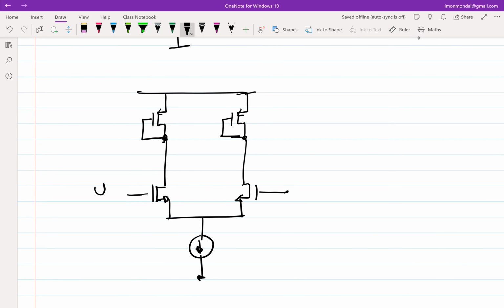Let's assume this is Vi, this is minus Vi, or rather Vi by 2 and minus Vi by 2 if you want. So if I neglect GDS of M1, M2, M3, M4, what will be the voltage at Vx?